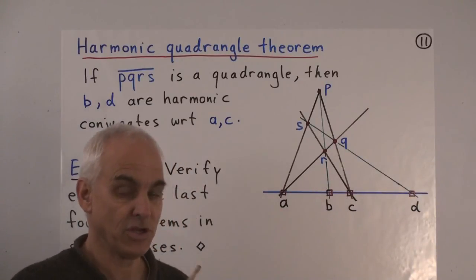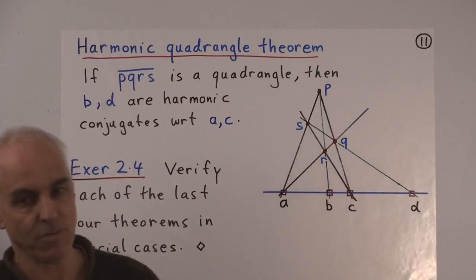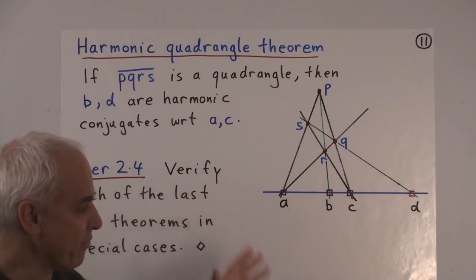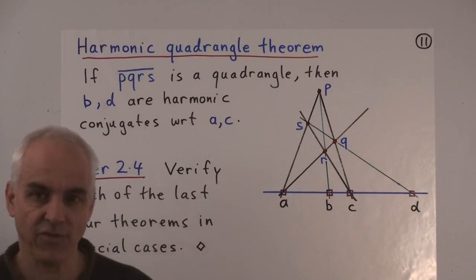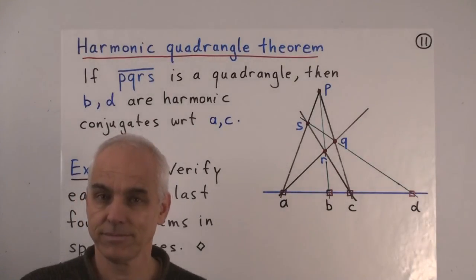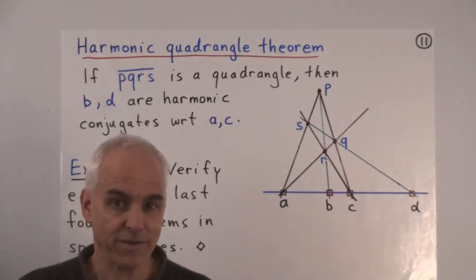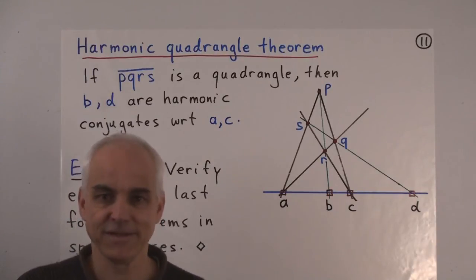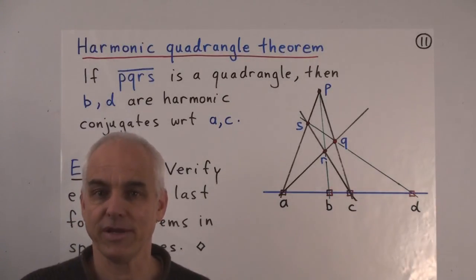Compute those 2 ratios, show that they're equal to each other, up to a minus sign. So that we get some practical experience for each of these ways that harmonic ranges and harmonic pencils can occur. There are in fact other ways that harmonic ranges and pencils can occur. It's a very rich concept, and it will intersect hyperbolic geometry in lots of ways.